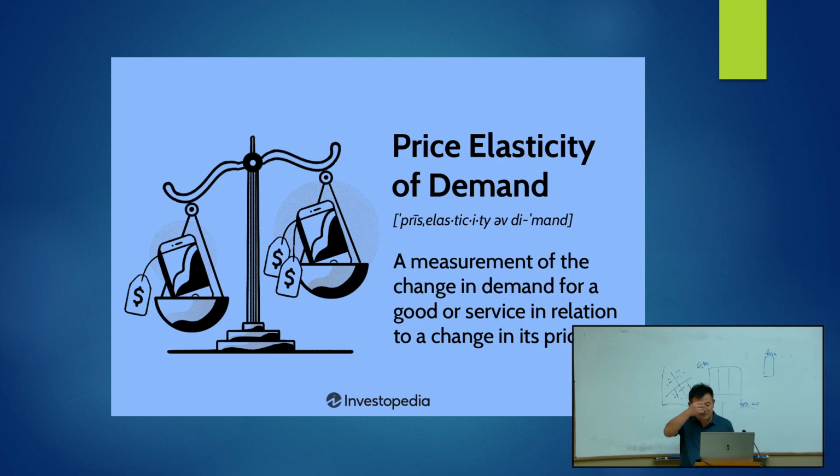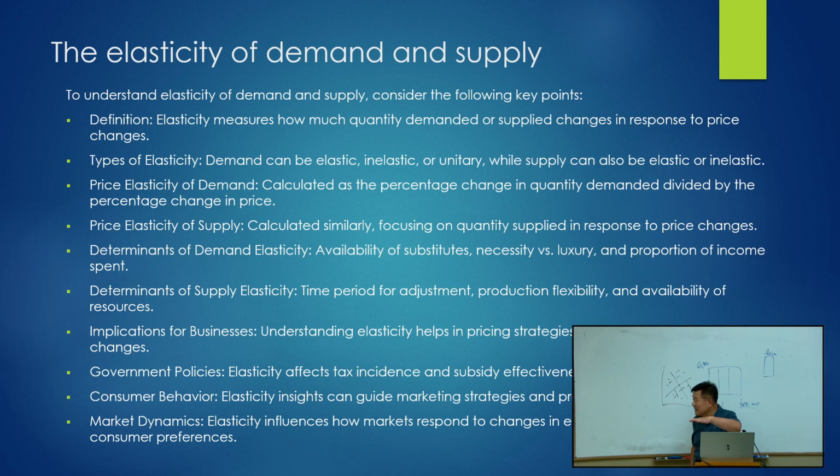In demand, we have price elasticity of demand: the measurement of the change in demand for goods or services in relation to a change in its price. Change in demand means increased or decreased demand, and the change is in price. This is price elasticity of demand. This is a master's level topic, but economics majors need it: elastic demand and supply.